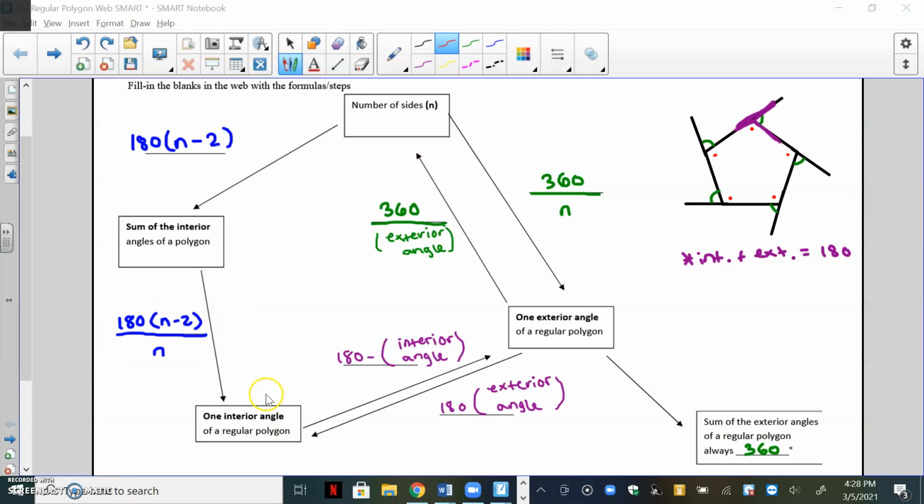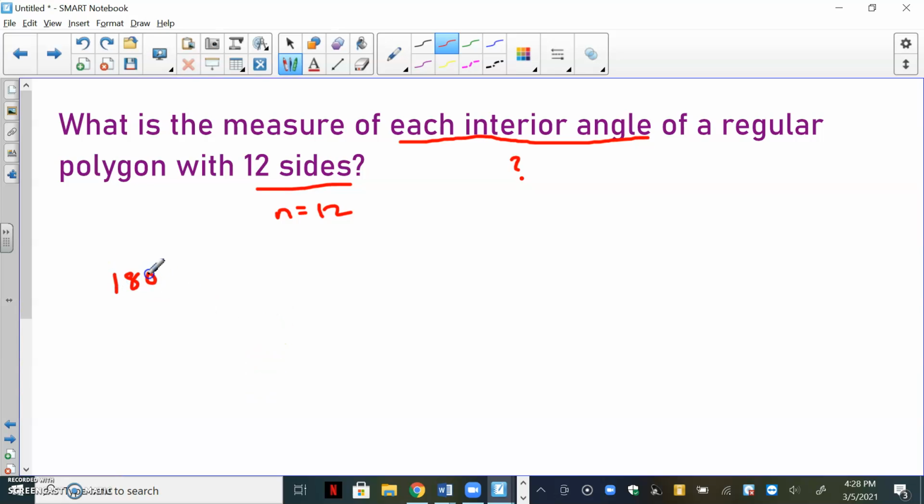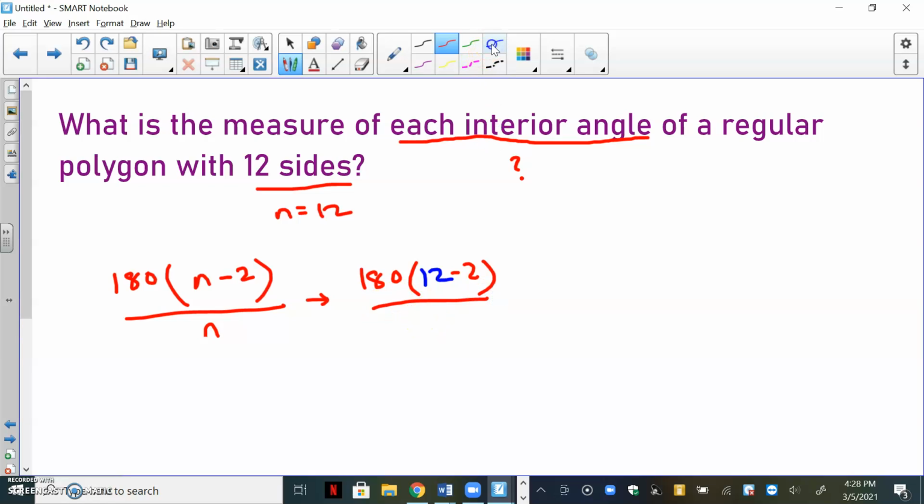So we'll go back to our problem and we'll say, okay, 180 times n minus 2 over n. So let's plug in my n. We have 180 times, my n is 12. All right, and again, I strongly recommend going step by step.